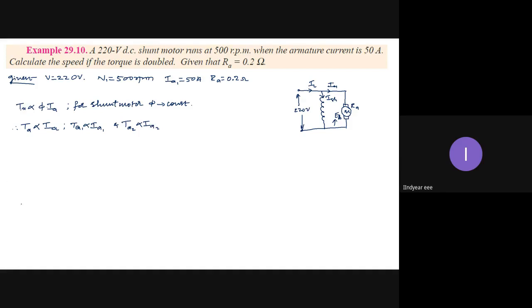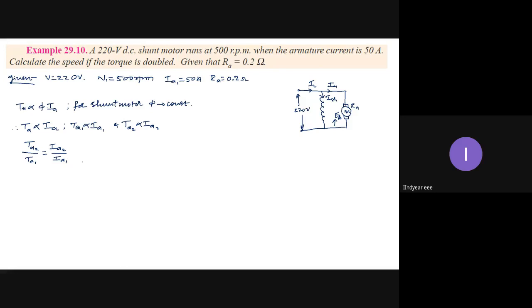If the torque is doubled, then the armature current should also be doubled. So I can take the ratio TA2 by TA1 equals IA2 by IA1.